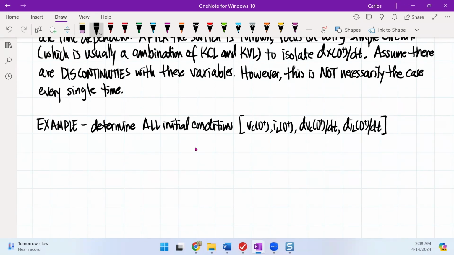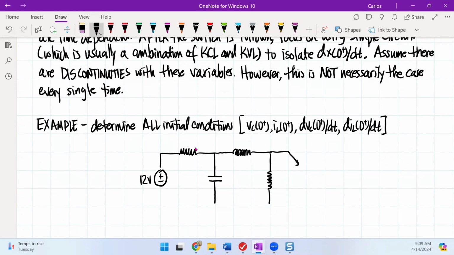So let's pick a nice circuit, and let's assume that our circuit here is going to look something like this. I'm going to have a voltage source, which is 12 volts. Then I'm going to have some resistors and capacitors and inductors. And you'll see here that I have a switch that's going to close.